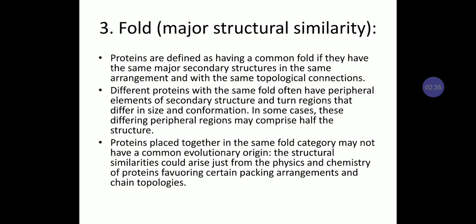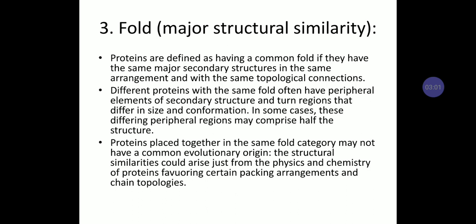The third category is the fold, which has more similar structural similarity. Proteins are defined as having a common fold if they have the same major secondary structure in the same arrangement and with the same topological connections. Different proteins with the same fold often have peripheral elements of secondary structure and turn regions that differ in size and conformation.